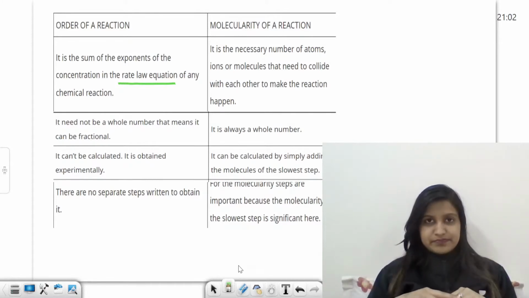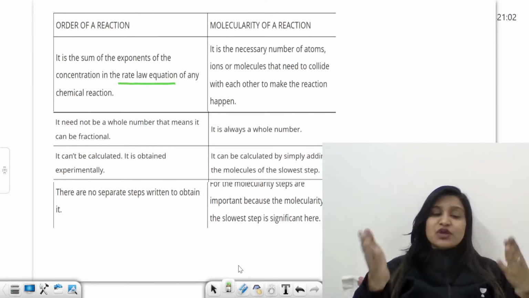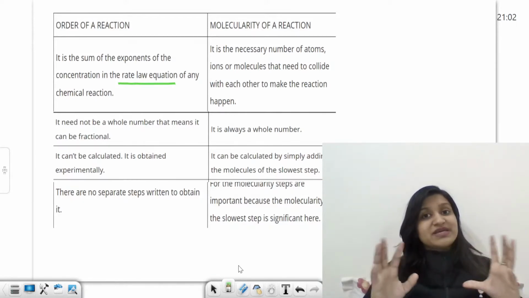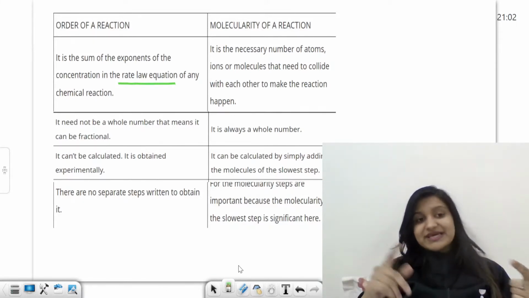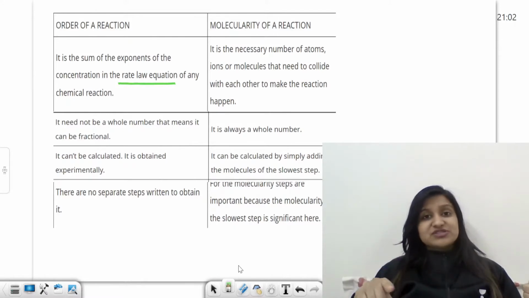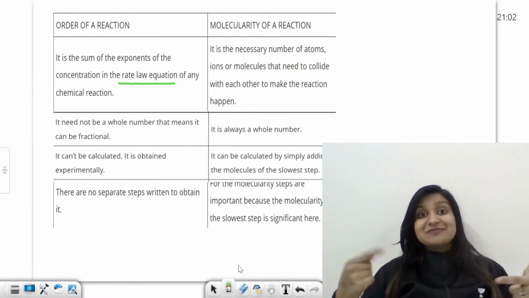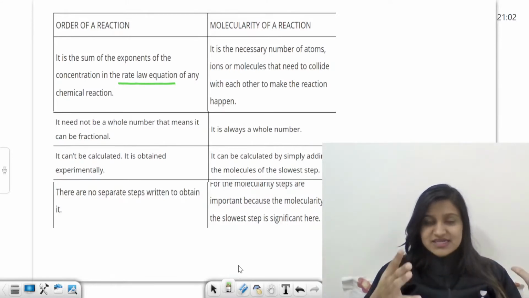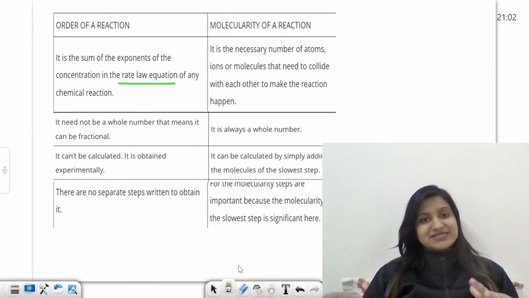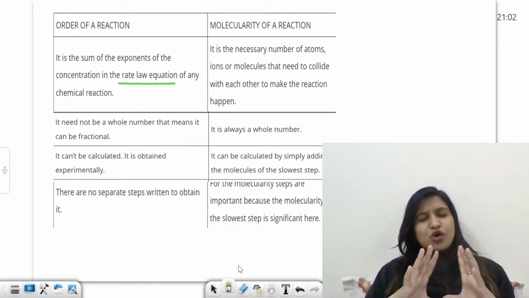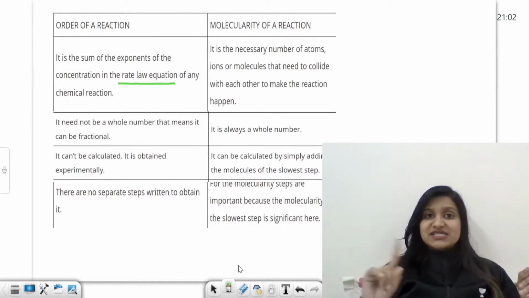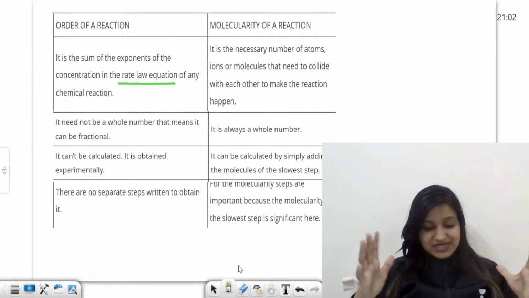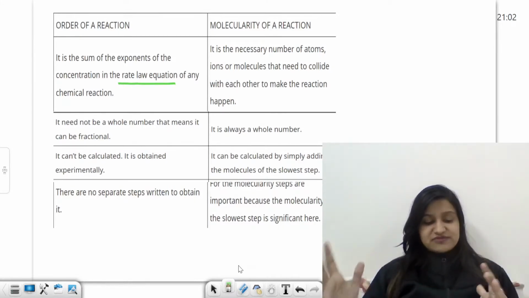So the order of a reaction can be a fraction or a whole number, but molecularity is always a whole number. It cannot be a fractional value.